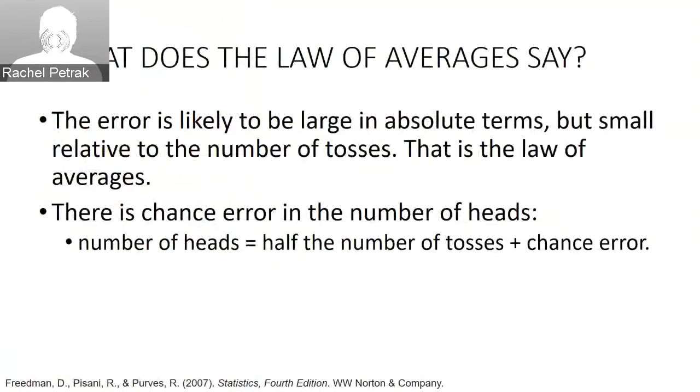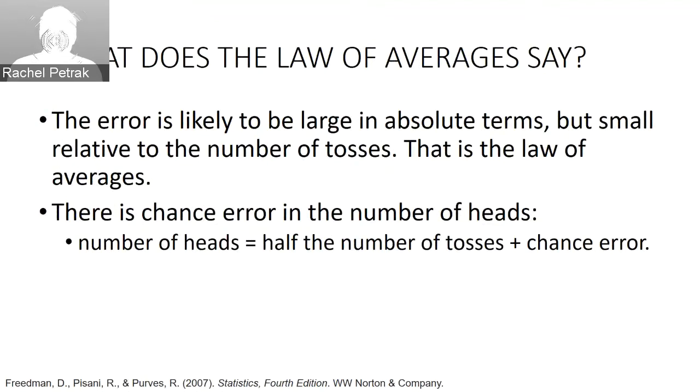So let's examine the law of averages. The law of averages is just an idea that helps us to conceptualize thinking about averages and random variability or chance error. Let's say you draw some tickets at random from a box and take the average of the numbers you get.